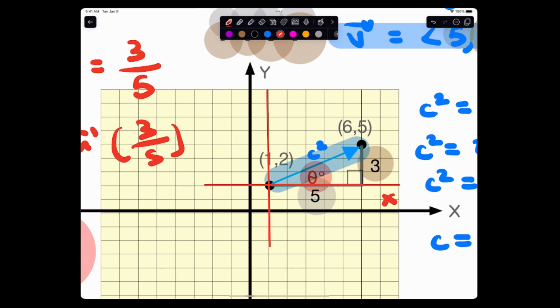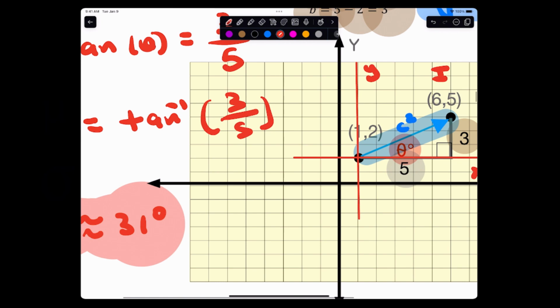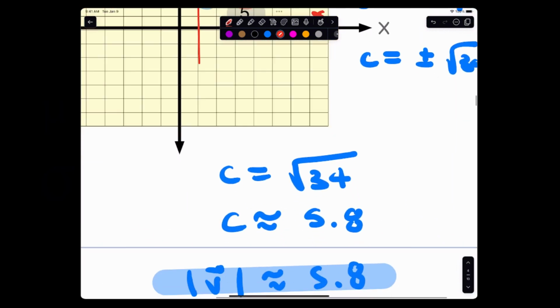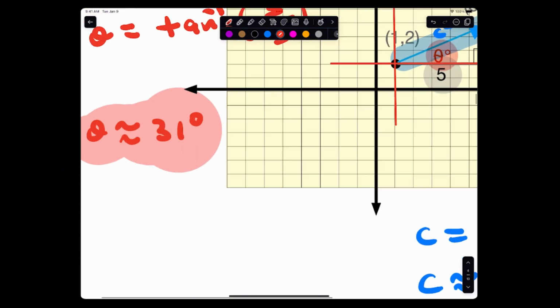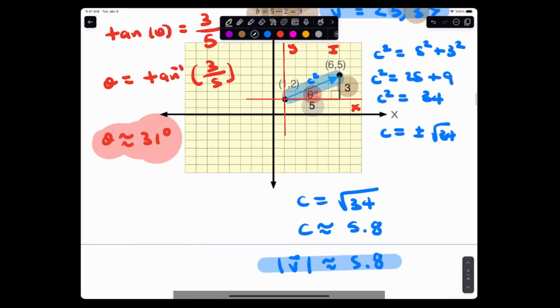Here's the x-axis and the y-axis, right? Isn't this in quadrant 1, where you have a nice positive angle? 31 degrees. So you got the length, 5.8, the magnitude, 31 degrees. And none of this is made possible if you don't know the component form of a vector being a comma, what? B.